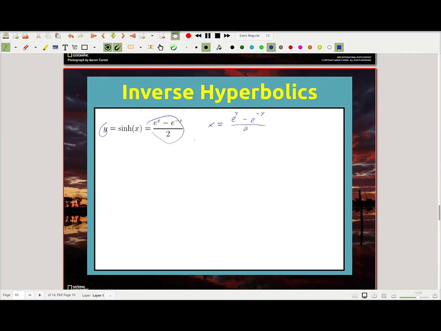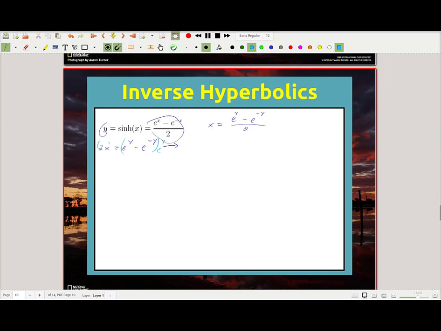All right, let's see what we can do with this. I want to solve for y to figure out what the inverse sinh hyperbolic function is. So maybe first I'll multiply both sides by 2. That'll make it a little easier to look at. Maybe next thing I'll do is multiply everything by an e to the y.